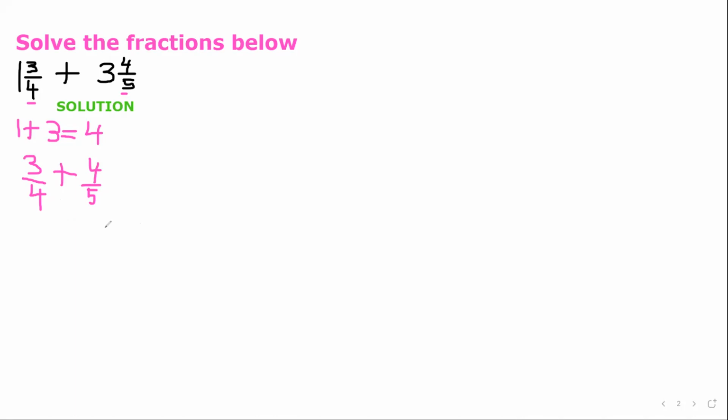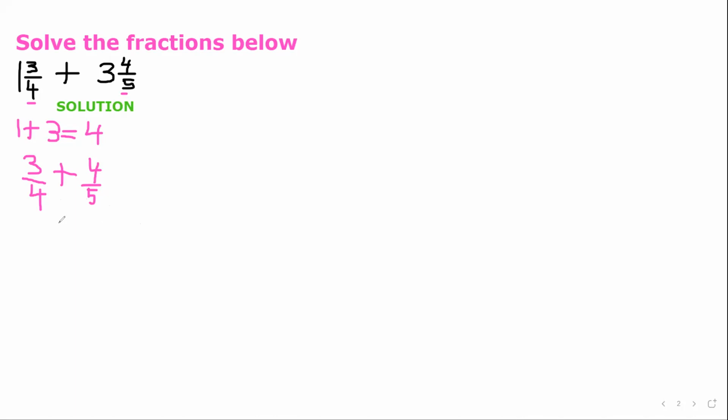So the first thing you have to do is find the LCM of 4 and 5. And finding the LCM, like I said, you list the multiples of 4, the multiples of 5, and then you list the common multiples, and later you pick the lowest of the common multiples.